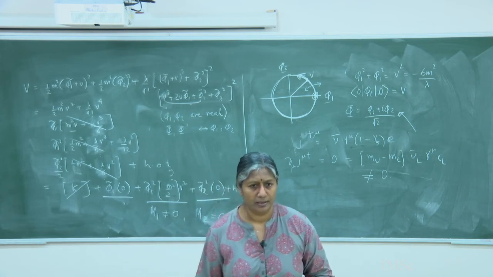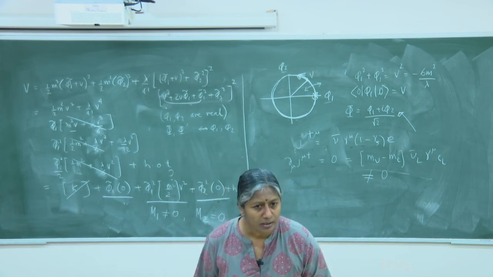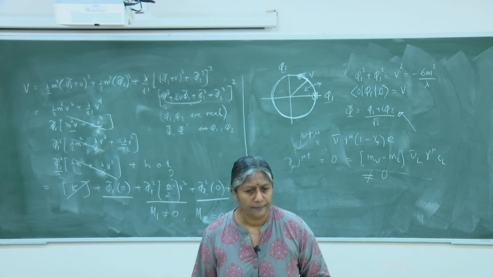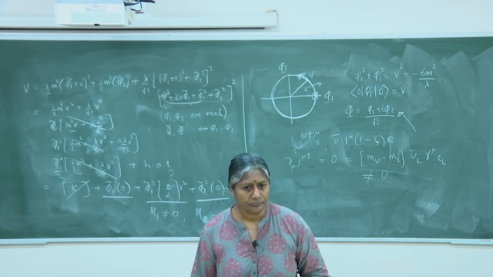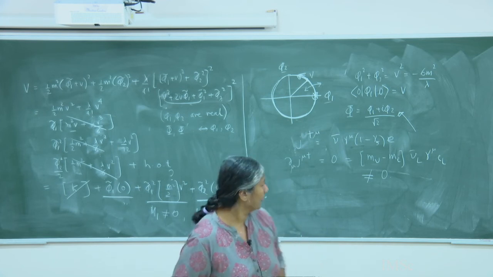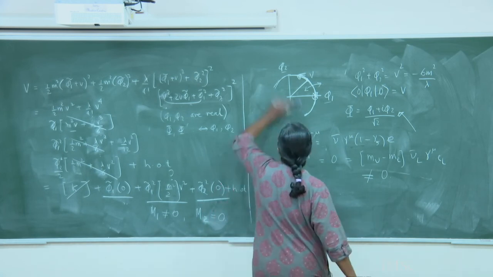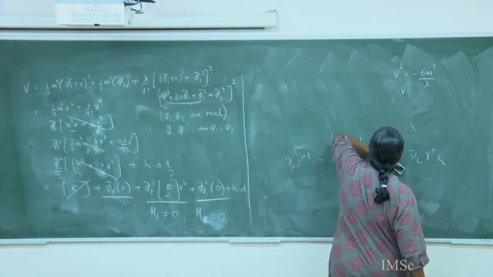Okay. And what we saw was that for the real scalar field, we had a discrete symmetry. And for the complex two-degree field, we have a continuous symmetry. Yes. Continue.